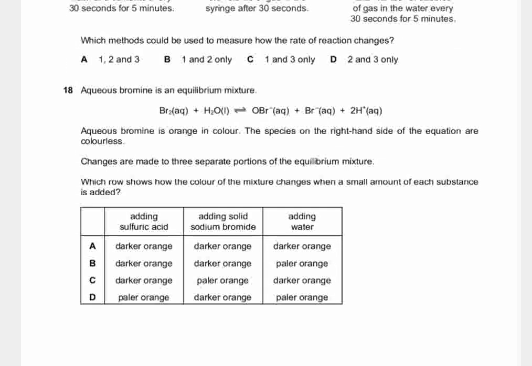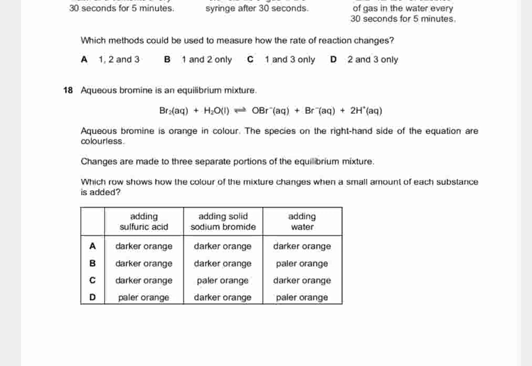Then the next question, aqueous bromine is an equilibrium mixture. The equation is given to you. Now, which row shows how the color of the mixture changes when a small amount of each substance is added to it? Adding sulfuric acid, adding solid sodium bromide, and adding water. If you add sulfuric acid, then a darker orange color will be generated.